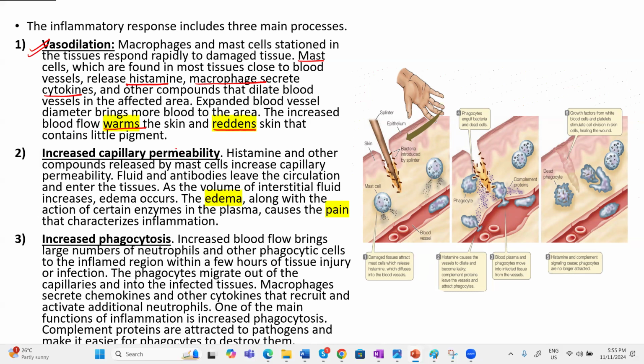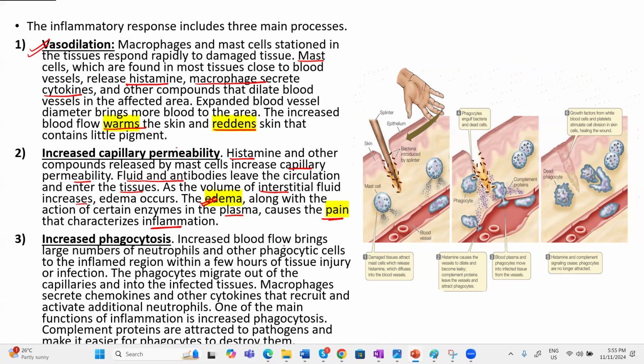Now permeability increases. Histamine and other compounds increase the permeability. So fluid and antibodies will come out. Is it clear? They are coming out. Now the volume of interstitial fluid is increasing, so swelling is going on. Enzymes in the plasma cause the pain. That is a characteristic of inflammation.